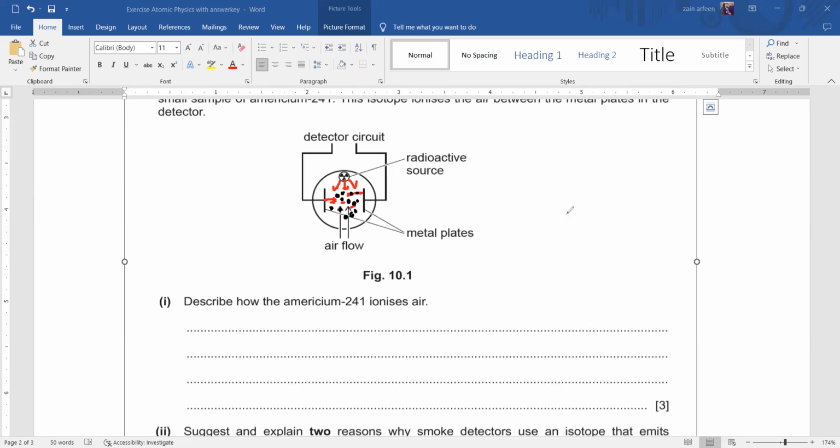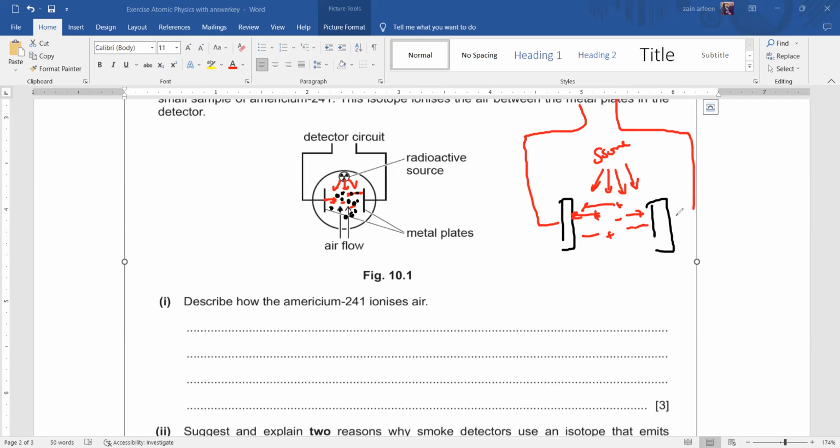So these are the two electrodes, and here we have a radioactive source. The radioactive source is emitting radiation. This is continuously causing ionization, and these ions move towards their respective electrodes. So the detector gives the output signal that there is no fire. But what will happen in case of a fire?